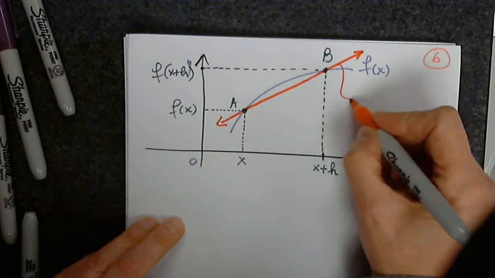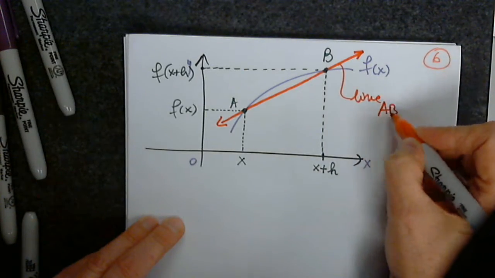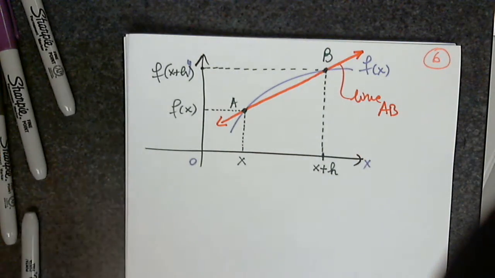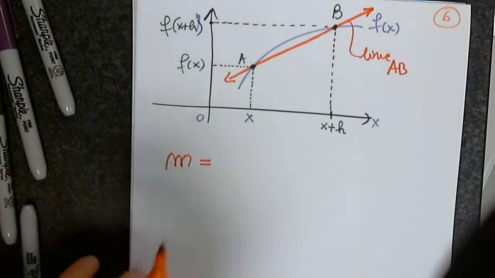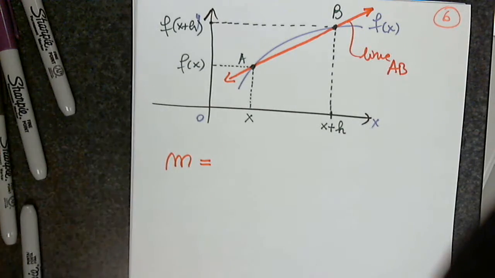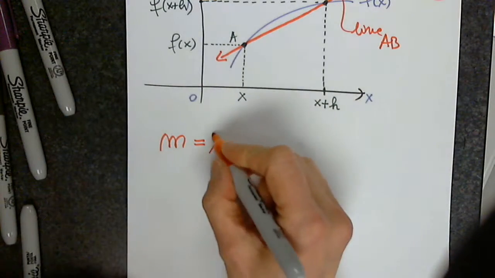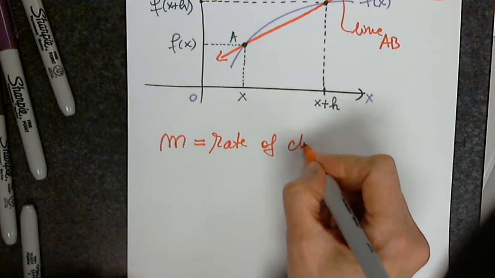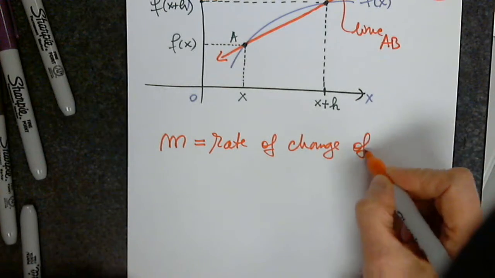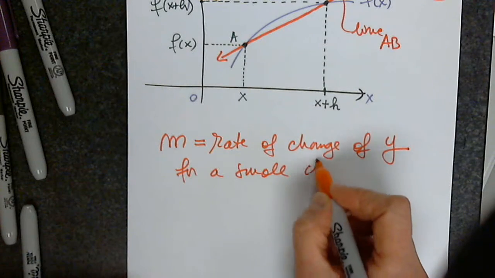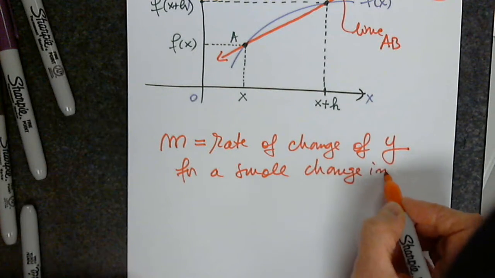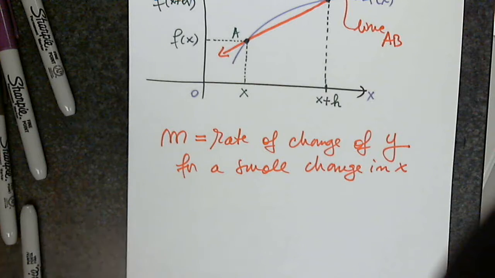So this is a line passing through A and B, and this is the slope of that line. This will give us the rate of change of y for a small change in x, triggered by a change in x.